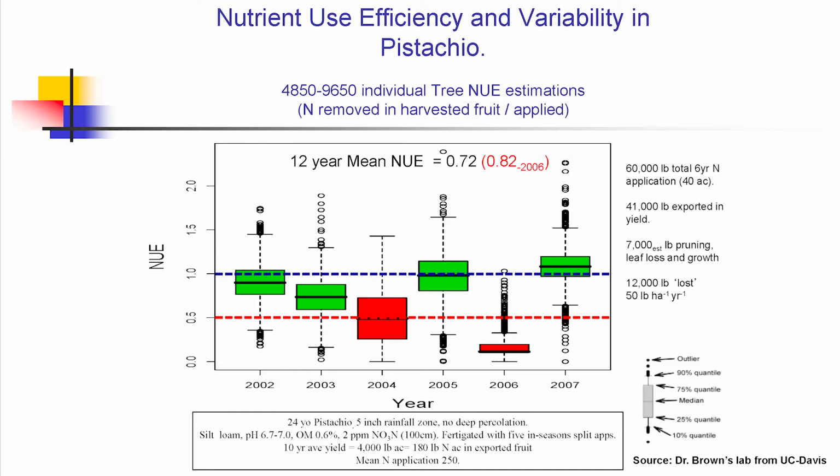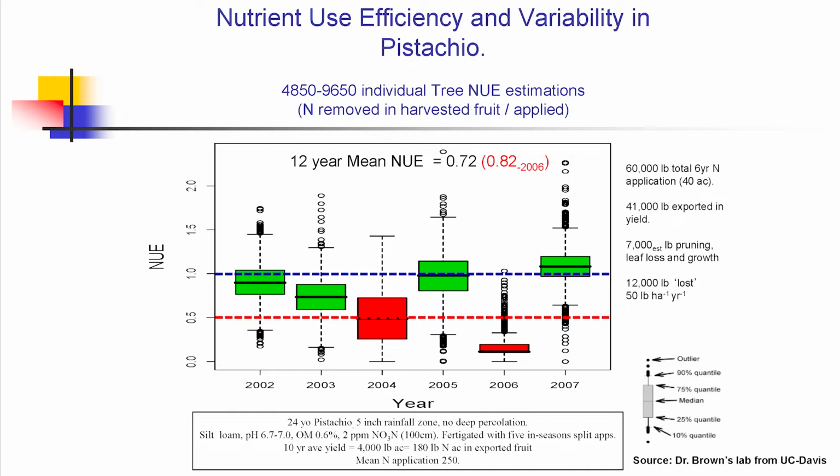So this is one single orchard that we tracked for many years, in 2002, 3, 4, 5, 6, and 7. And we calculate the nutrient use efficiency. Being close to the dashed blue line means that the orchard was very efficient that year. Being close to the red dashed line means that the orchard was inefficient that year.